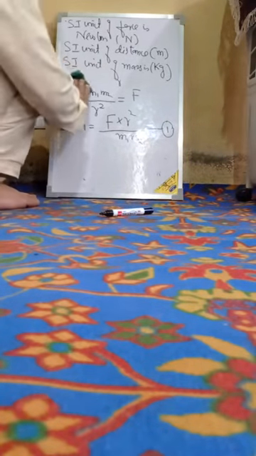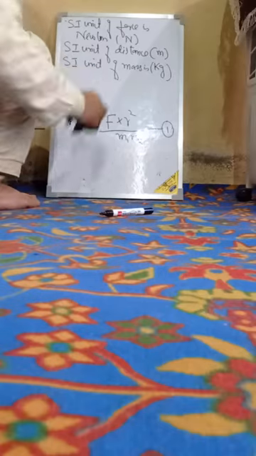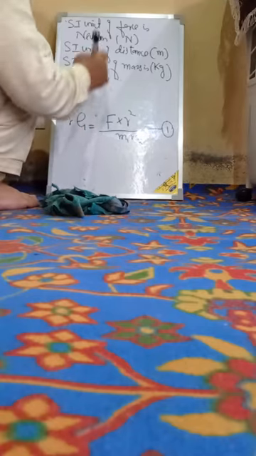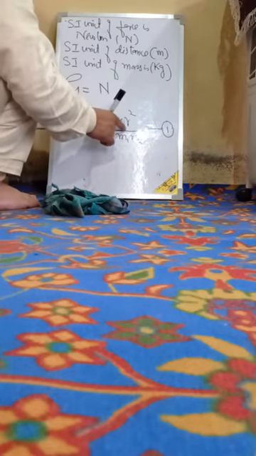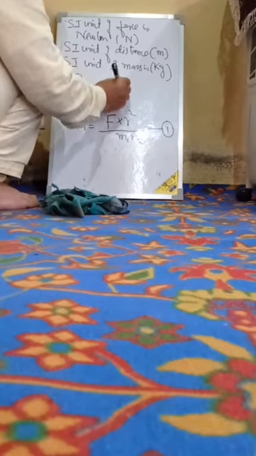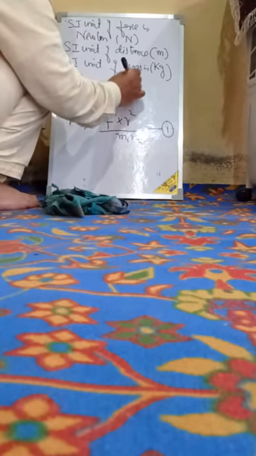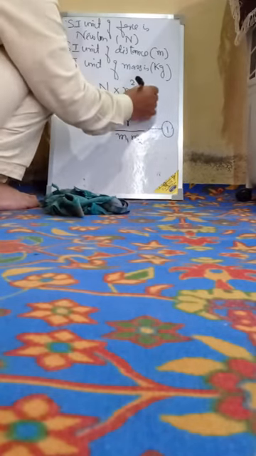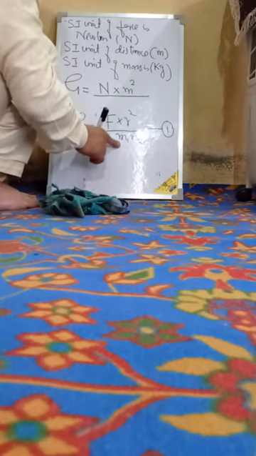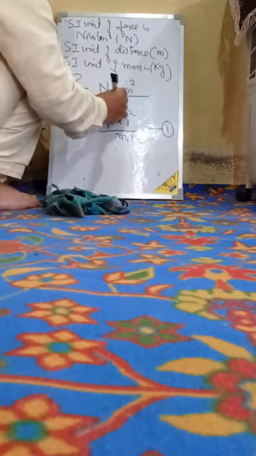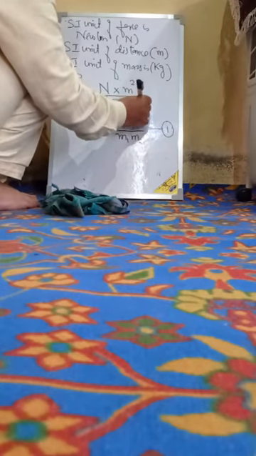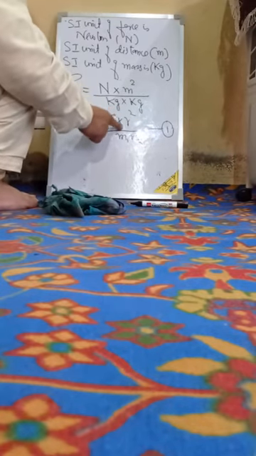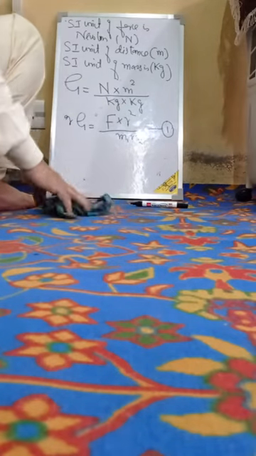Now I will put these things here in this relation. What I will get? I will get G is equal to, this is G, this is F, F means Newton, this is r square, r means distance, this is square meter, distance is measured in meters, and this is mass. यहाँ पर m1 है into m2, ये भी kg है, ये भी kg है, that means kg into kg. और r का मैं लिखूंगा, this is meter into meter, when bases are same powers are added, meter into meter, square meter.